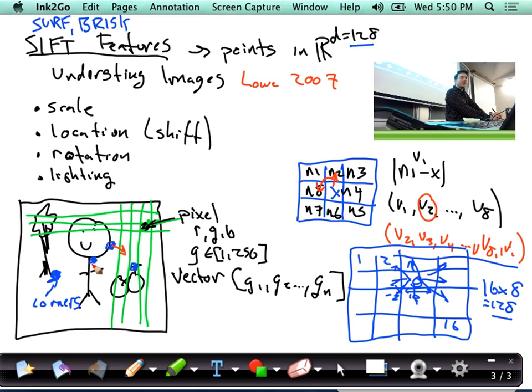So what you would do is take a bunch of images and create these SIFT features, identifying the important pixels, and throw them into some big data set. And then you get some new image and you create the SIFT features for that, and then you find the nearest neighbor of each of those.